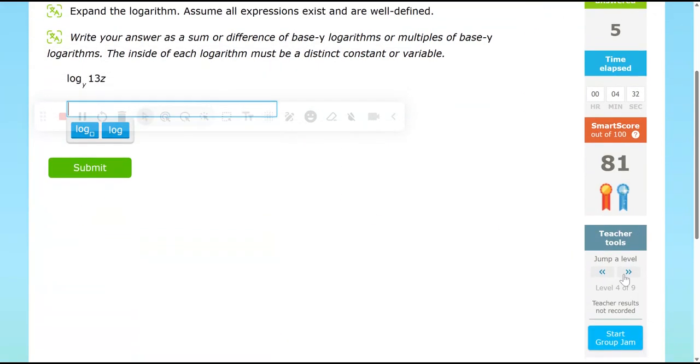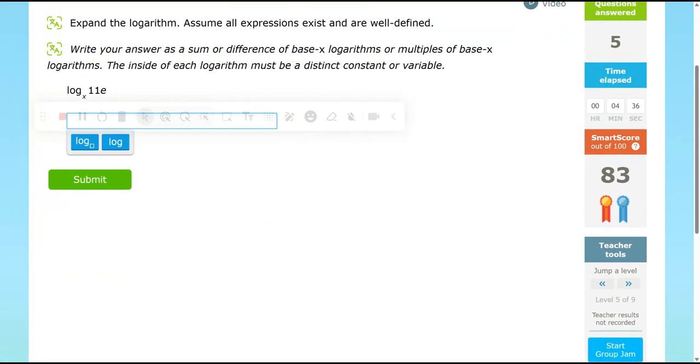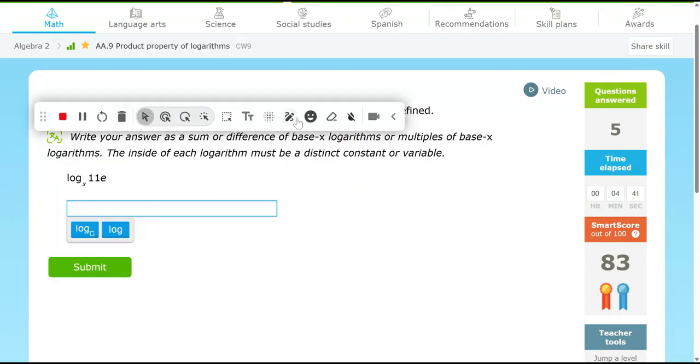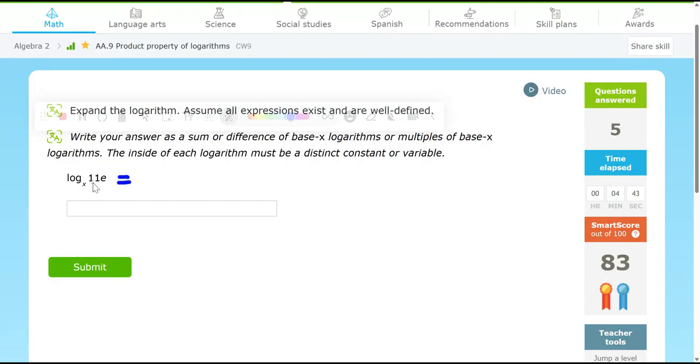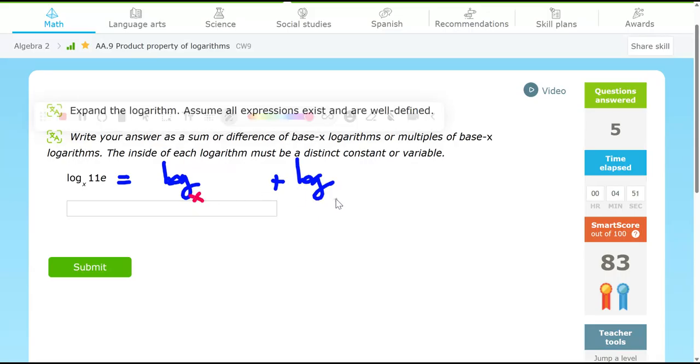So let's move to level 5. Not a big deal. We have log base x of 11 times e. We can separate it into two separate logs, and make sure you have base x. The first one of 11 and the second one of e.